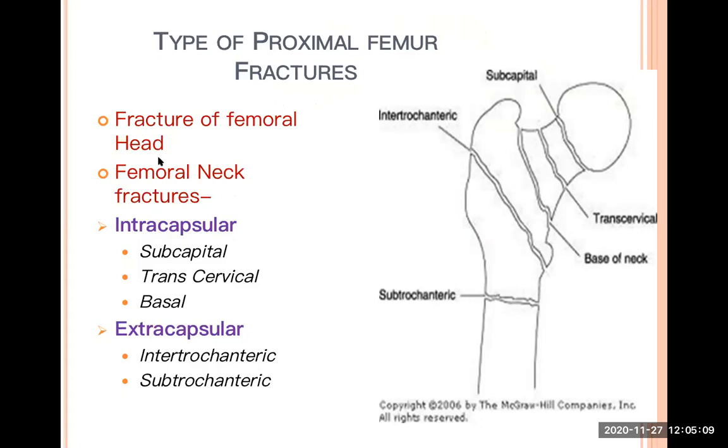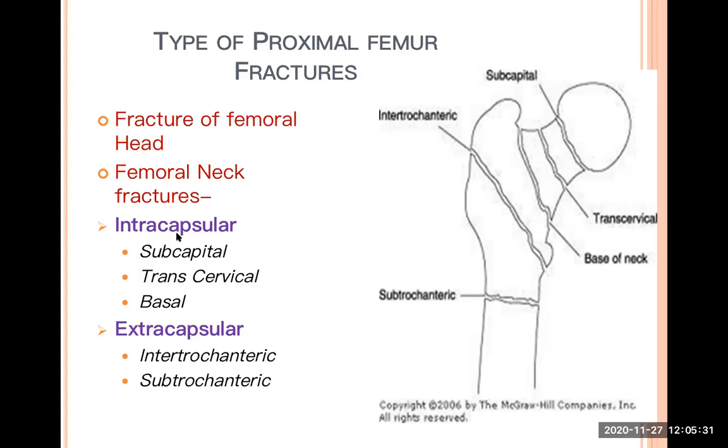Fracture of the femoral head itself is very uncommon, because the femoral head is a rounded structure, so it is fractured only in very severe, impacted types of fracture. It may be associated with dislocation of the hip, but the more common type is femoral neck fractures.